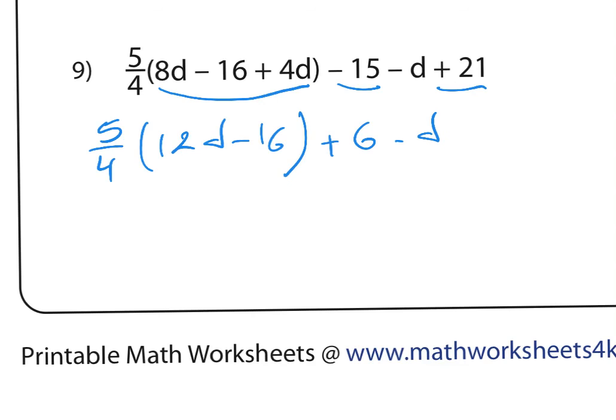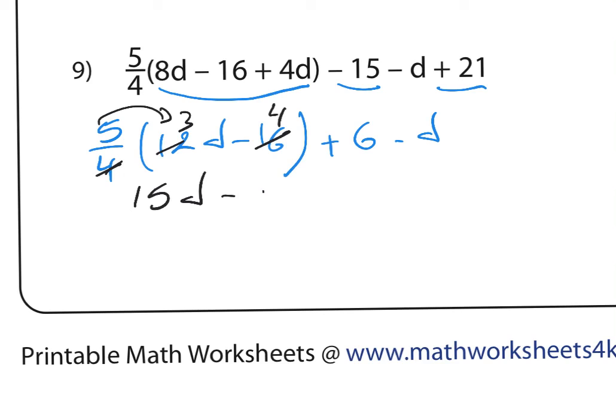Now we can distribute 5 fourths with 12. We know that 4 goes into 12 three times, right? So it's going to be 5 times 3, that will be 15, so it's going to be 15d. And we know that 4 goes into 16 four times, right? So 5 times 4 will be 20.